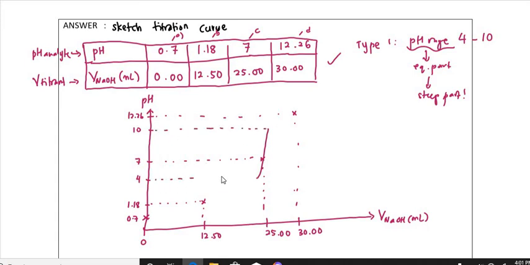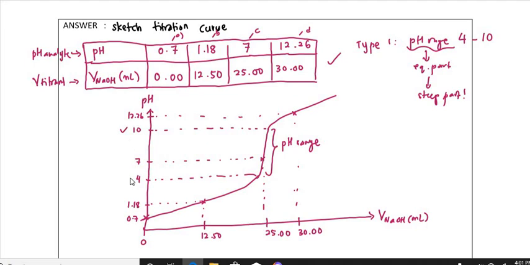4. I do the steep part first, and then I come down, touch all the points here. Then here I increase gradually. So this is the steep part. Okay, refer to the pH range of the equivalent point, 4 to 10.